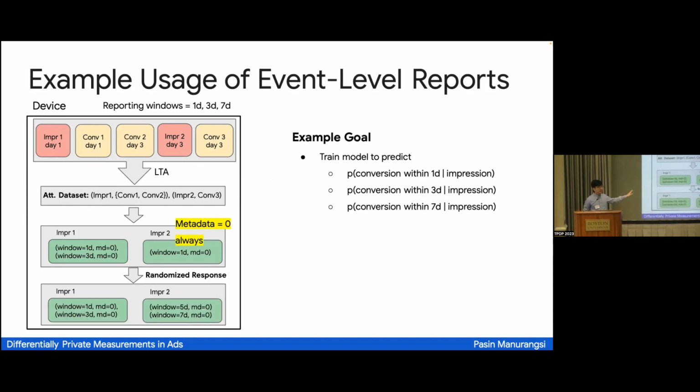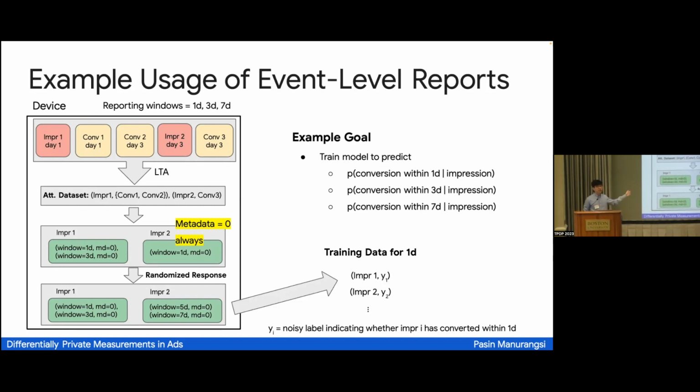What you get out of the API for each impression is noisy information on whether that impression leads to a conversion within 1 day, 3 days, and 7 days. So for each impression, you have training data with a pair of the impression and whether it leads to a conversion within 1 day, 3 days, or 7 days, where this is noisy information. Then you can use this training data with noisy labels to train your ML model.